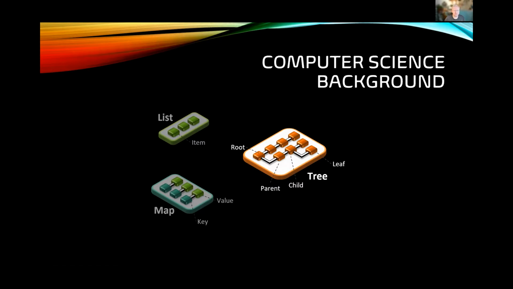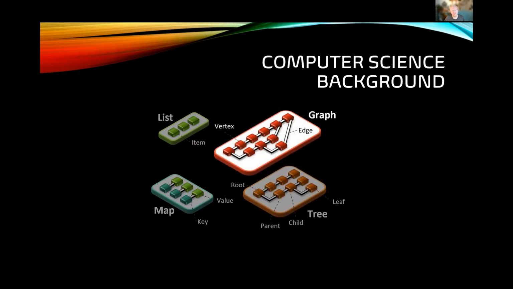Each node in that tree will have relationships to its parent node or its child node. And the leaf nodes are right at the end of that tree. The fourth fundamental data structure is the graph. And this is characterized by vertices and edges that connect together.